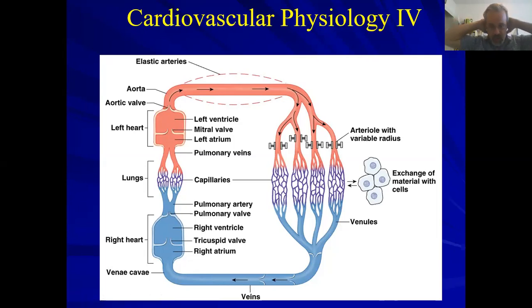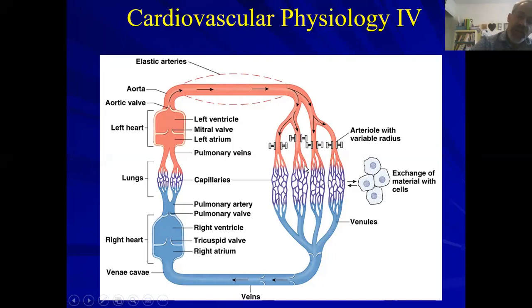But one of the things we're going to focus on in this lecture is the different types of blood vessels. Of course, the aorta is the artery. As you get further and further away from the heart towards the organs, those arteries branch off into arterioles, which are small arteries. Once we get to the tissue where the oxygen is going to be delivered, we have these very microscopic capillaries.